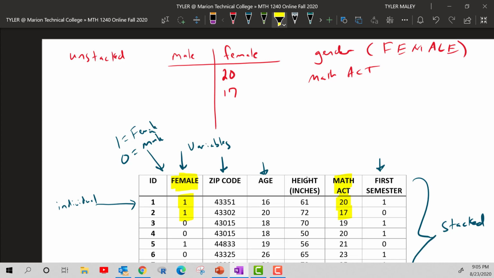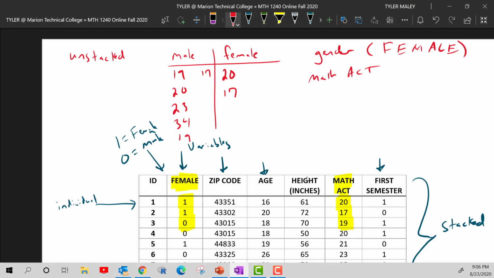And then you would go down, the next row is a 0, which means it's a male, and you get a 19, right? So you would have to go through all of these to transfer those variables into a stacked format. So I'm just going to do this kind of quickly. For the males you'd have 19, 20, 23, 34, 19, and then 17.